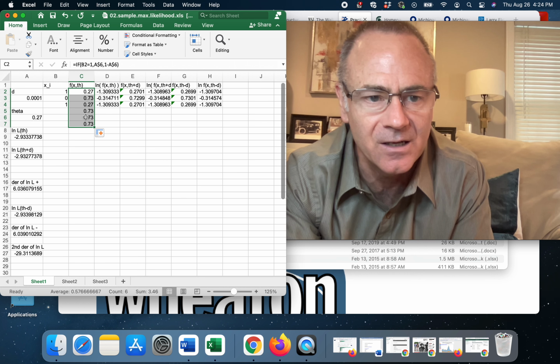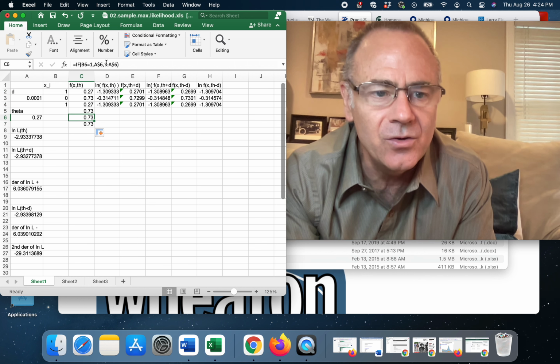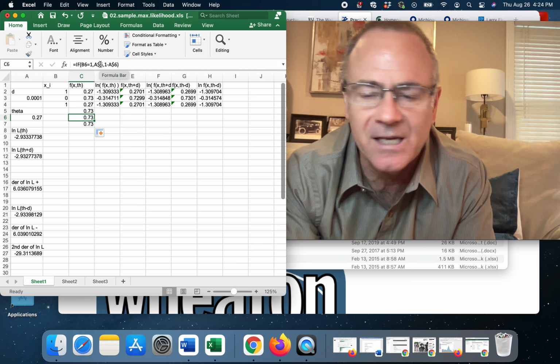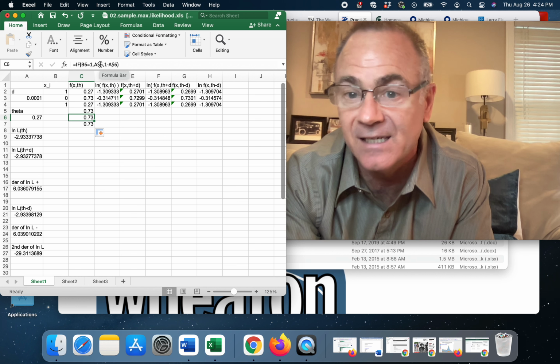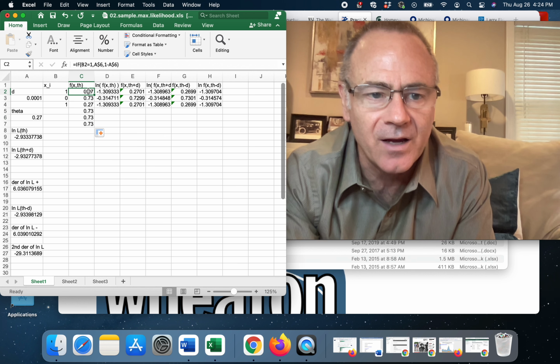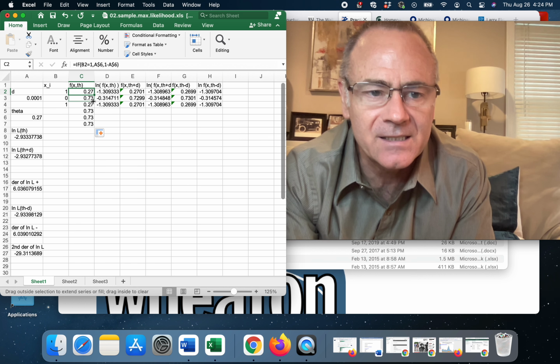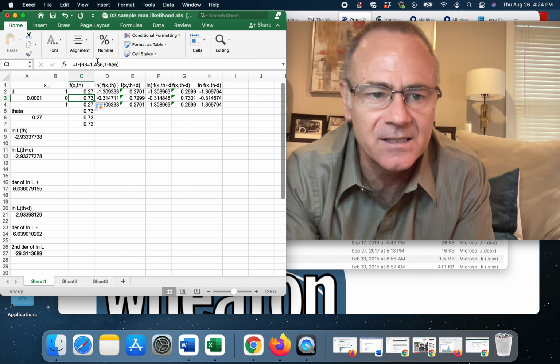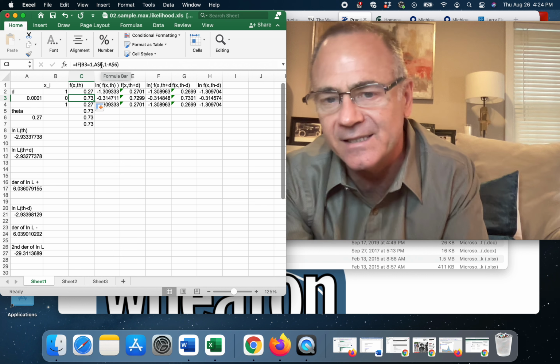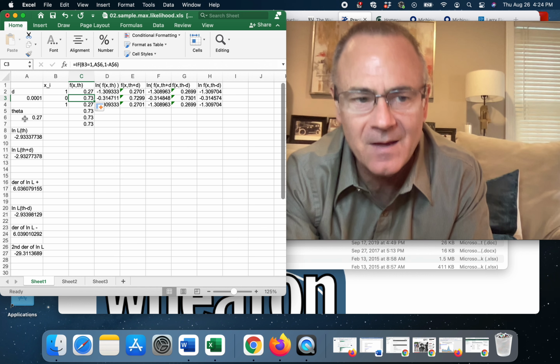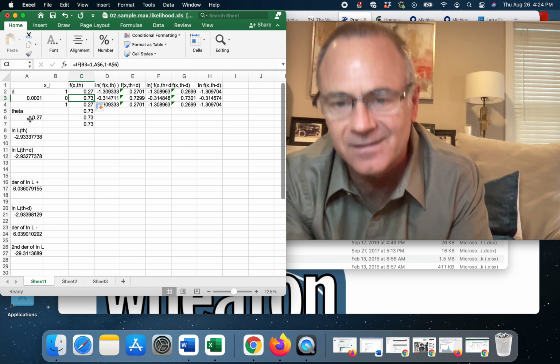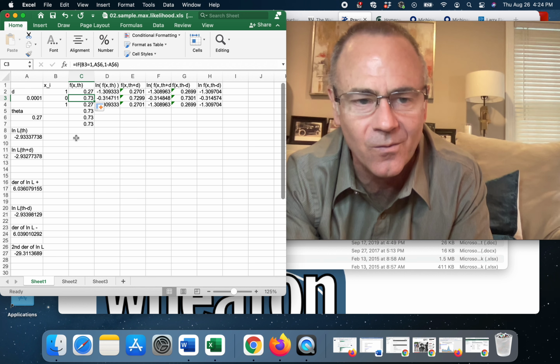I've copied that same cell. Now, usually if you don't put that $ sign there, if instead I just put A6, then when I do the copying, the next cell would put A7 instead of A6. But I wanted to keep A6 no matter which row I'm on.